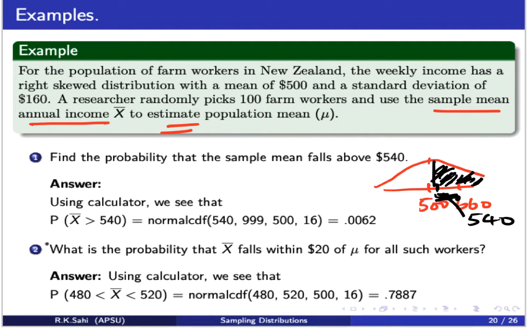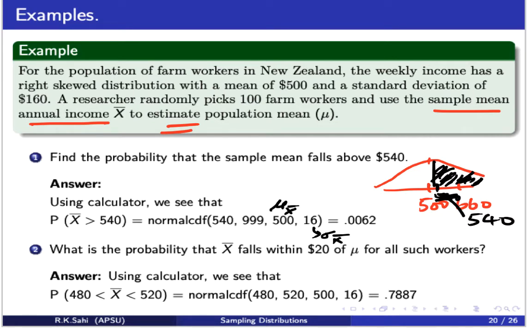Now, you want to find the probability that the sample mean is greater than 540. If you remember your formula, the normal CDF: the lower limit is 540, upper limit is 999. Then the mean, this is the mean of the sample mean, and this one is the standard deviation of the sample mean. You plug this in, you get 0.0062.